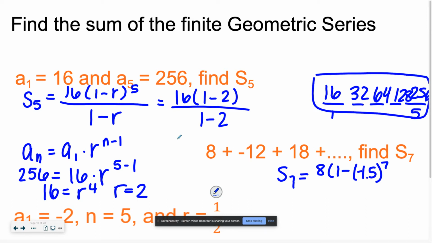That should have been my first red flag. All right, so let's try that again. 496. That makes a whole lot more sense than just 16.